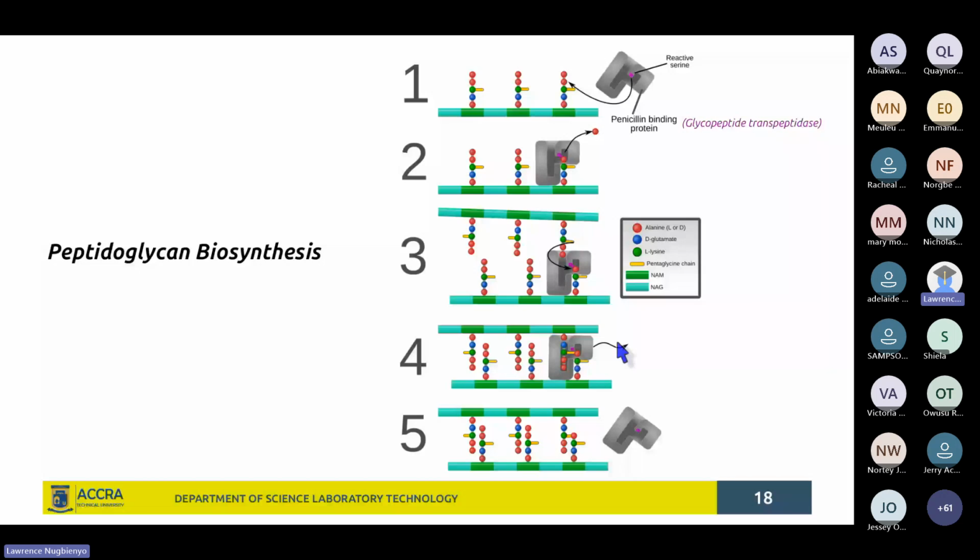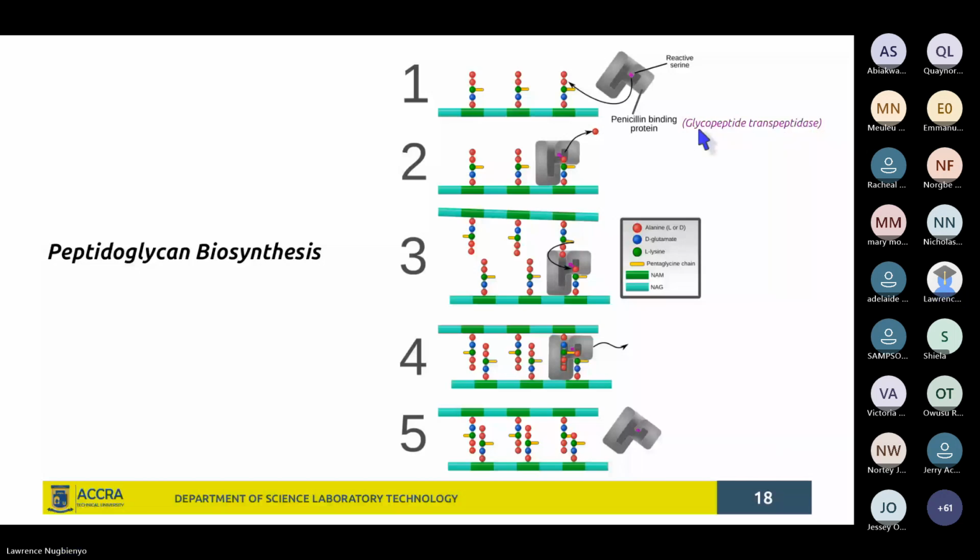Now, the enzyme which is being targeted by penicillin, you see that it is a lot of times referred to as penicillin binding protein. But it's also referred to as a glycopeptide transpeptidase, if we're referring to its function.